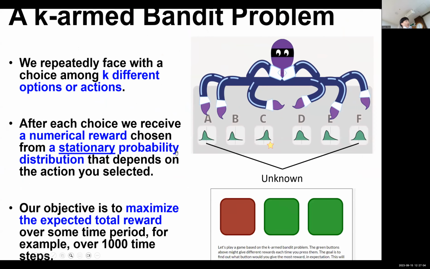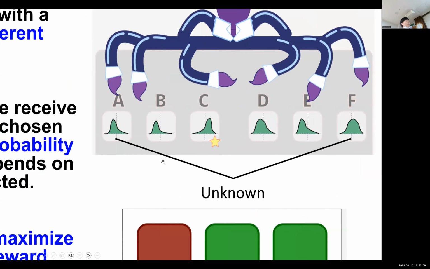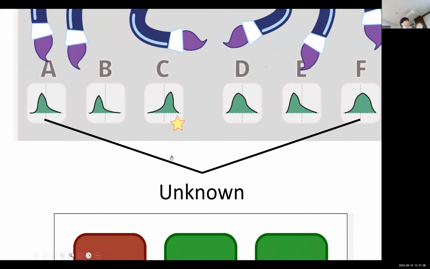But in reality, if you know this probability distribution, it's okay. But most of the time in the real world, we don't know. The natural way is that you just try, or randomly try. You can try from the beginning, 1, 2, 3, 4, 5, and each time it will give you a random reward based on this distribution.